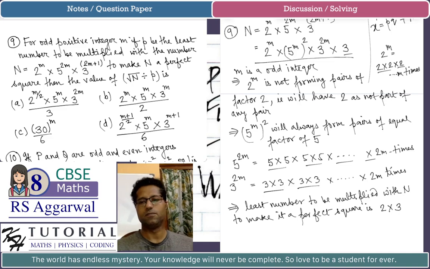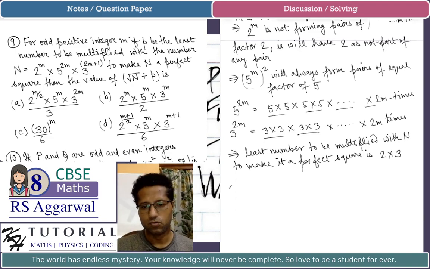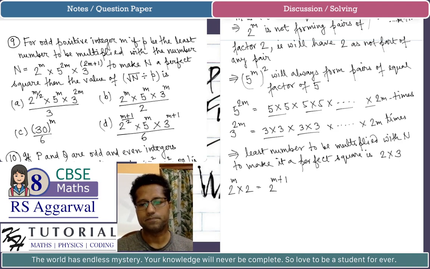So if I multiply 2 to the power m with another 2, it becomes 2 to the power m plus 1, where m plus 1 is even as m is odd.